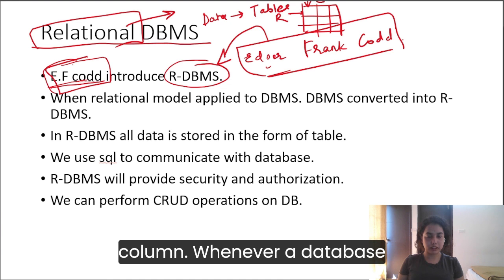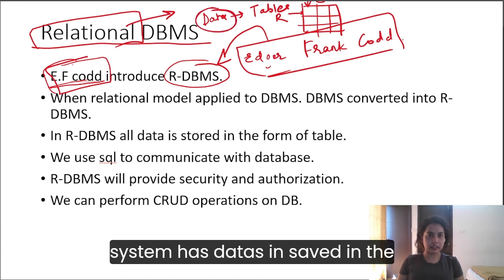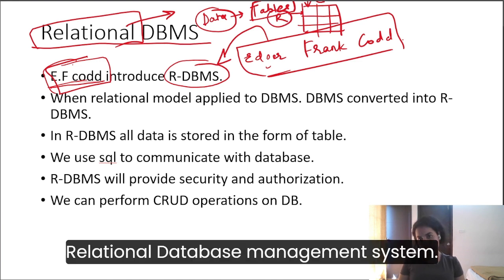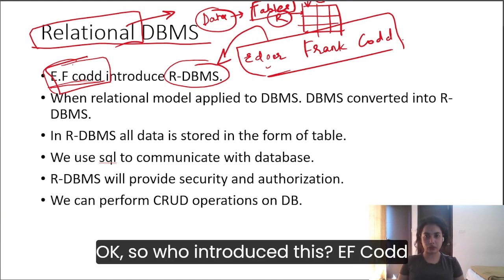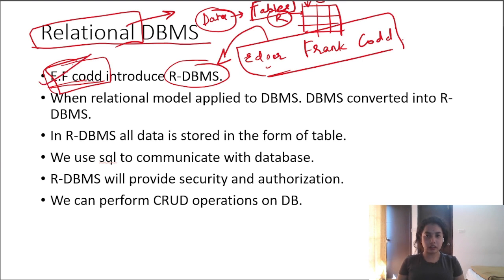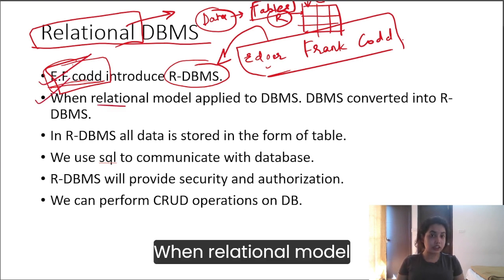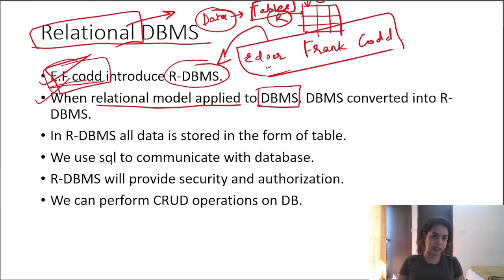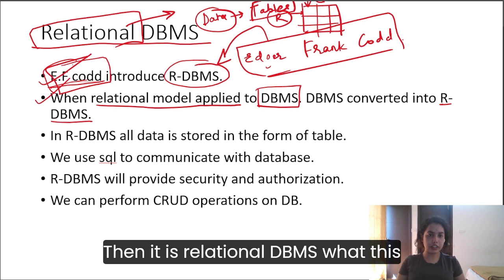Whenever a database system has data saved in the format of tables, then it is called a relational database management system. So who introduced it? E.F. Codd introduced it. Second, when the relational model is applied to DBMS, then it is a relational DBMS.